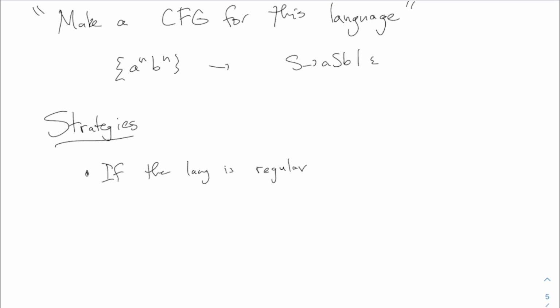If the language is regular, you can make an NFA and then convert it to a context-free grammar using the procedure that we talked about at the beginning today. And this is always, shall we say, easy. It might take you a few minutes to do it, but in theory, you can do it this way without much trouble. So if the language is regular, I consider that to be easy.